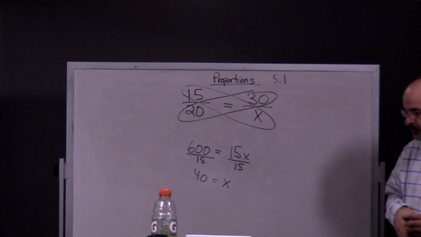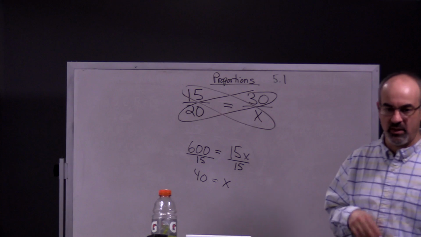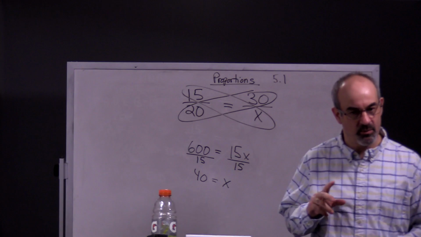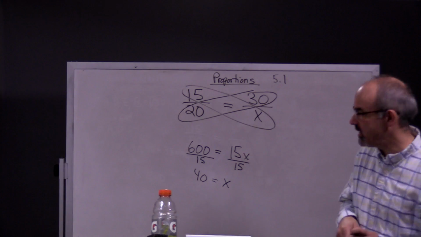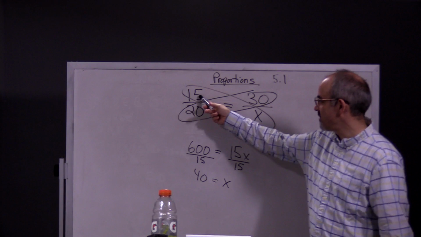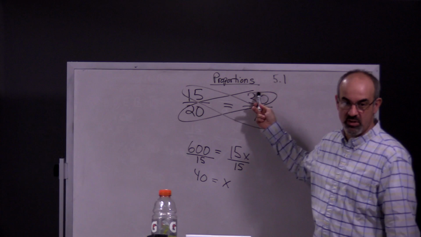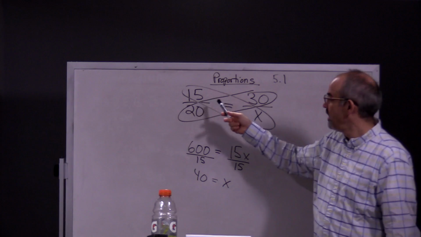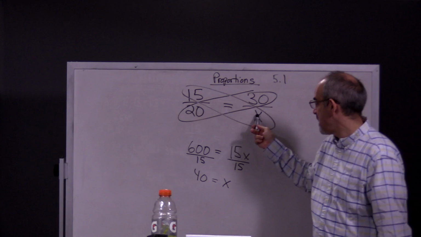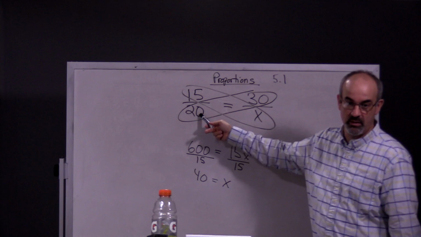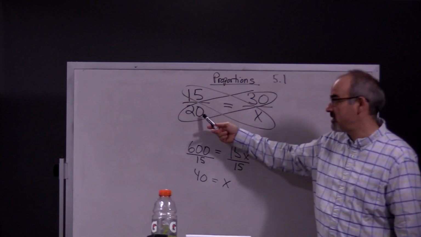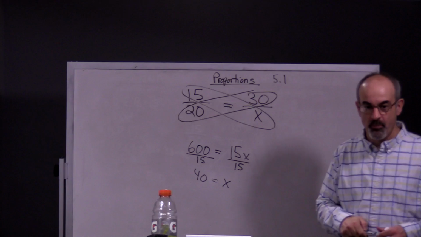Okay, so another way to do that in this particular problem without having to do it the way I just did it is you can notice that this number is 15 on top. This number is 30. This number is twice as much as that number. That means this number is going to be twice as much as that number. Well, twice as much as 20 is 40.